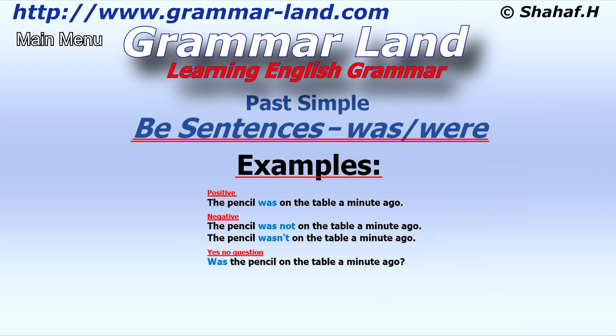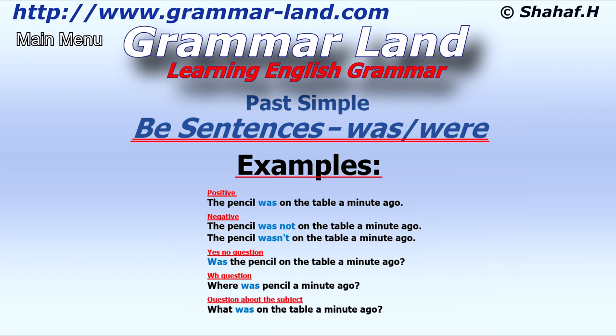Was the pencil on the table a minute ago? WH question. Where was the pencil a minute ago? Question about the subject. What was on the table a minute ago? Notice that we used the WH question word what, and not who, because the subject here, the pencil, is an object. It is not human.